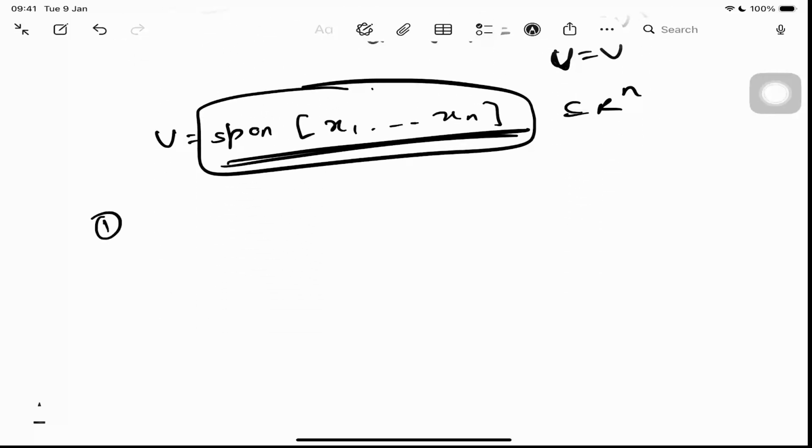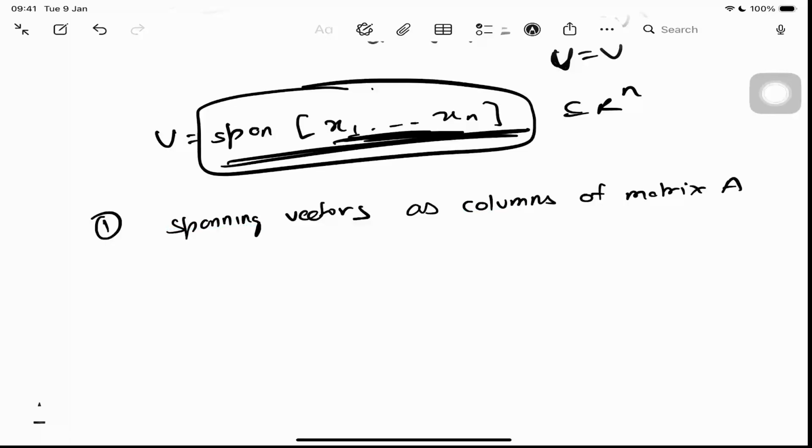First step is to write the spanning vectors as columns of matrix A. The vectors present in this are called spanning vectors, and we write them as columns of matrix A.